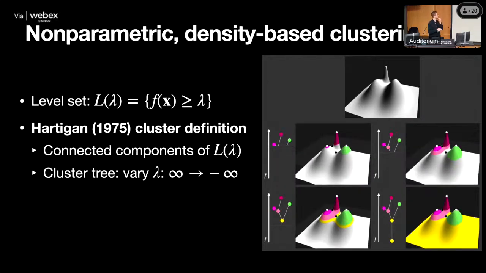A second, also very useful definition is that you slice this density landscape, and everything that's above the slice and connected you call a cluster. If you slide this level across a saddle point, you merge these two clusters. If you do this continuously, you end up with this nice cluster graph, or cluster tree.